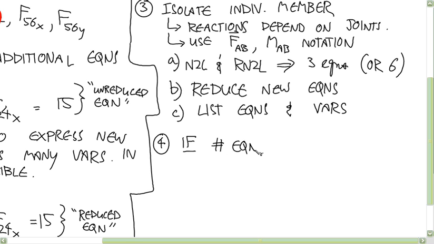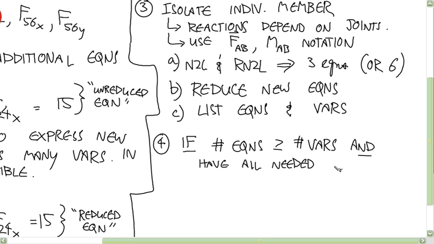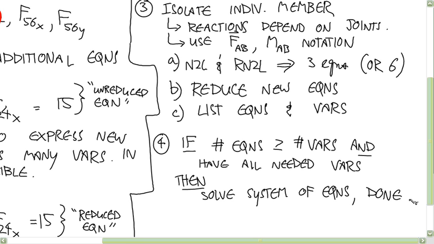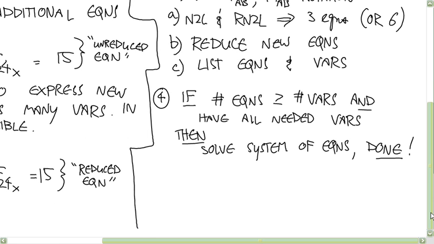If the number of equations is greater than or equal to the number of variables, and you have all the variables you need, then just solve the system of equations, and you're done. Else, repeat step 3.